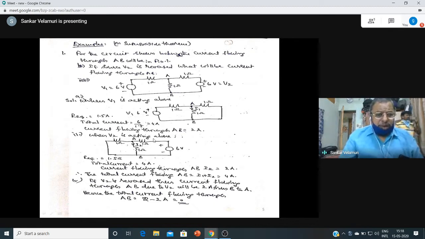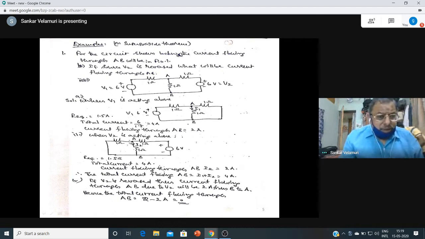When V2 is acting alone, now short V1, apply 6 volts and find the current through AB. I will explain maybe in some other class that this is a reciprocal and symmetrical network. Anyway, that is out of context here.